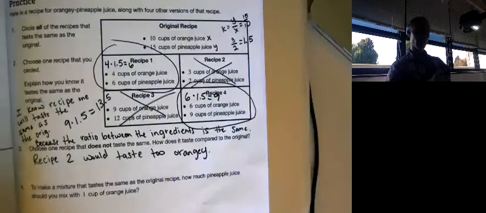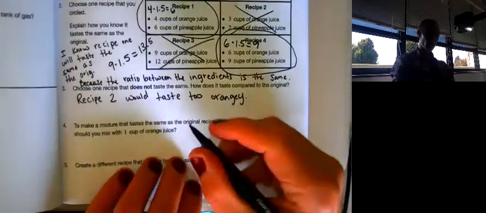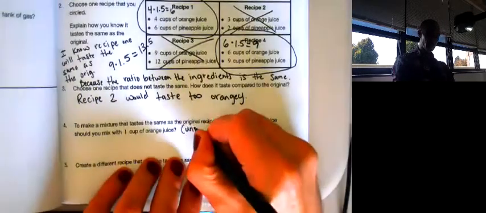Number 4, to make a mixture that tastes the same as the original recipe, how much pineapple juice should you mix with 1 cup of orange juice? So this is what we would call the unit rate.